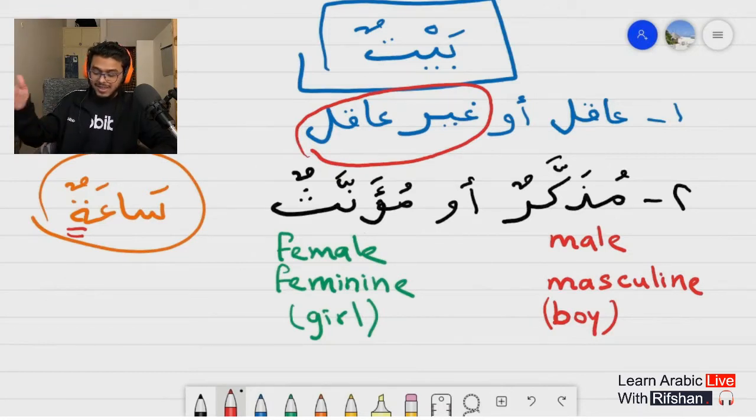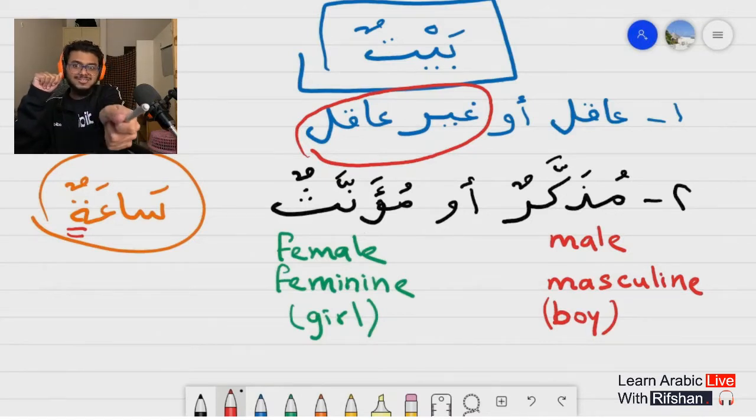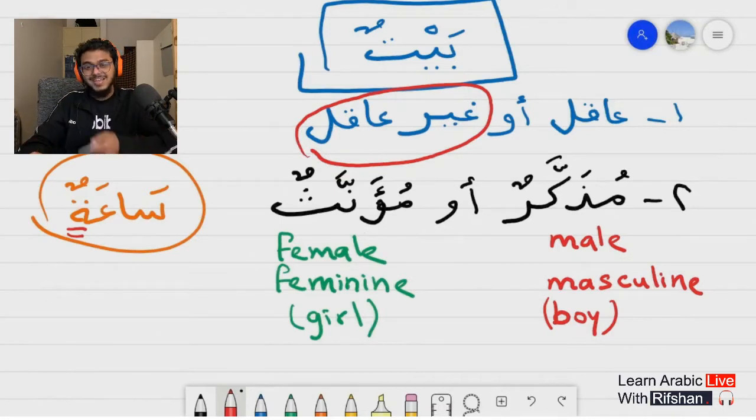Maybe we can appeal in the Supreme Court later if it's mudhakkar or muannath. But the first verdict we are given, based on one single piece of evidence, is that it is muannath, and that evidence is: does it have a ta marbuta? Five years in prison. That decision cannot be changed until it's appealed in the Supreme Court, and we later look in more detail at whether this ta marbuta is actually indicating feminine or something else.